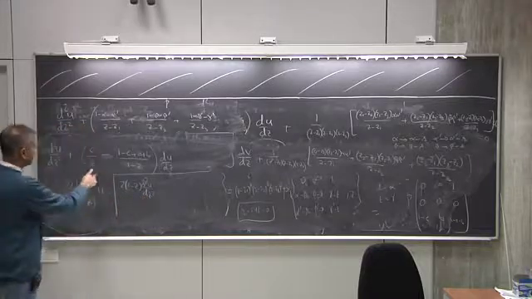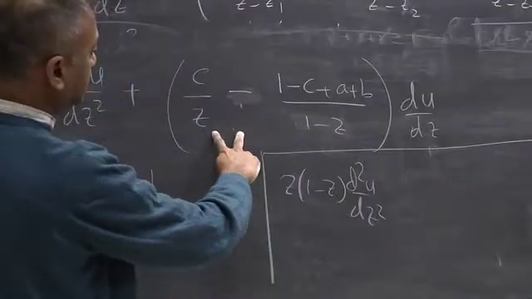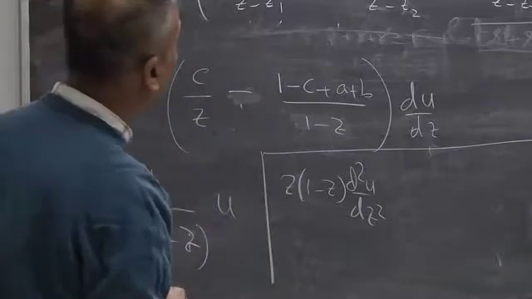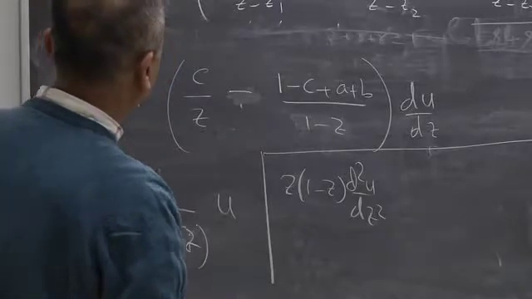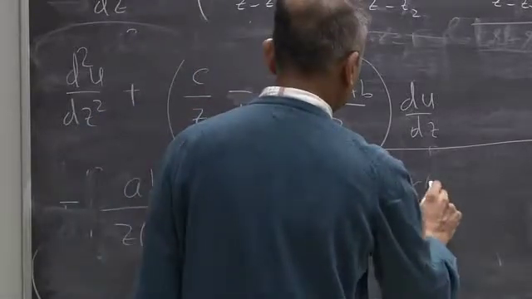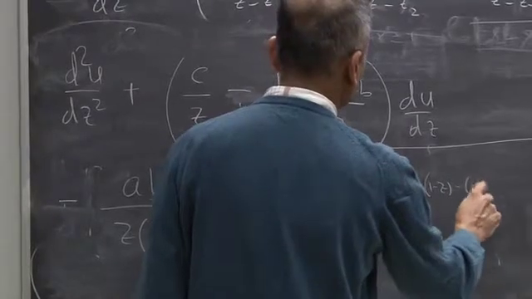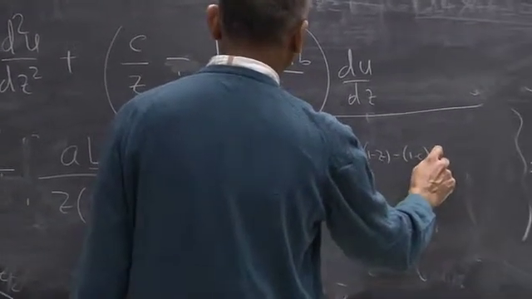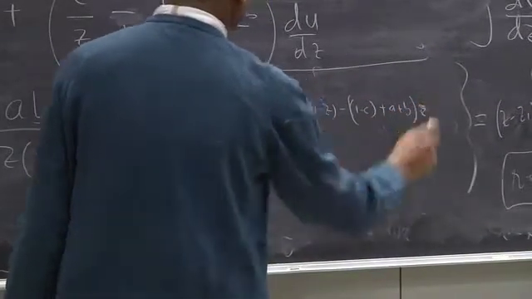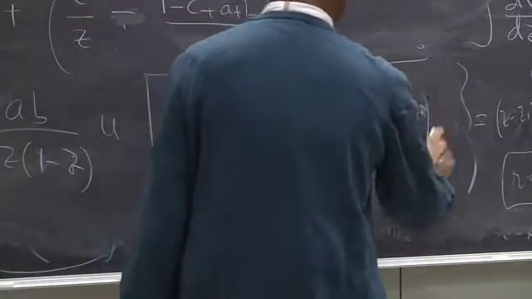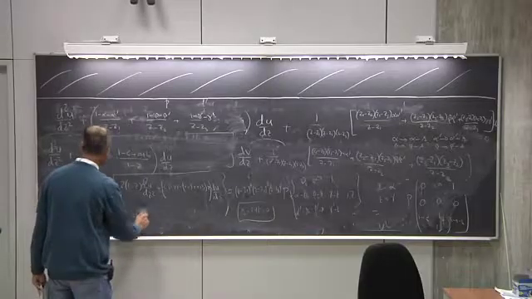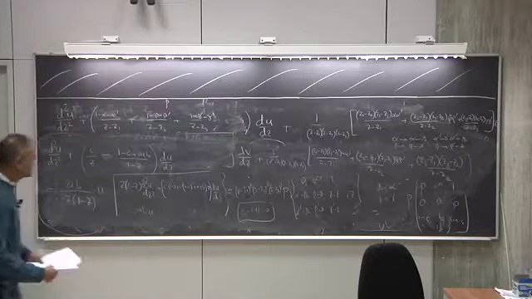And here, if I take out z times 1 minus z as a common factor, you get c times 1 minus z minus 1 minus c plus a plus b times z, this whole thing times du by dz, and then finally simply minus ab u. Yes, I think you should be able to simplify that.